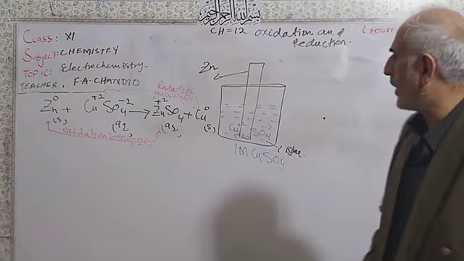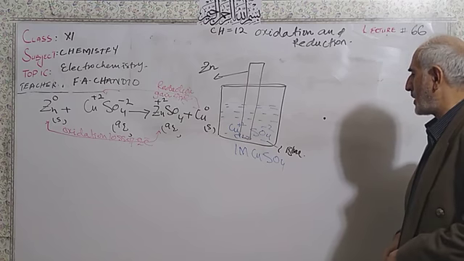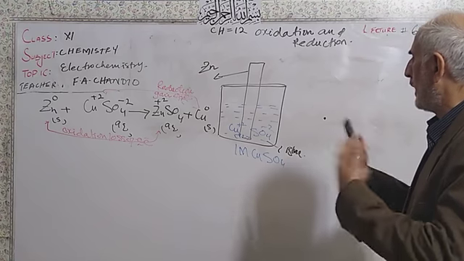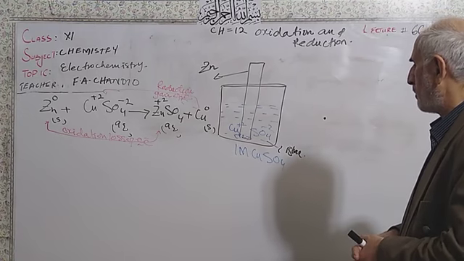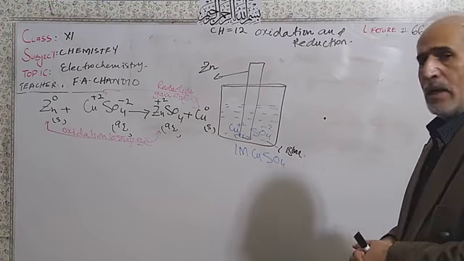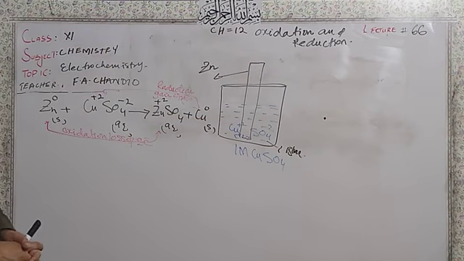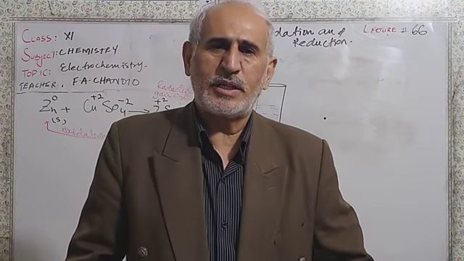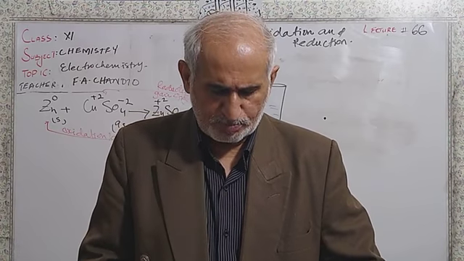So when I put the zinc plate in a 1 molar solution of copper sulfate, which is blue, slowly and gradually the blue color is lost and copper metal forms. These chemical reactions are called displacement reactions, involving oxidation and reduction.